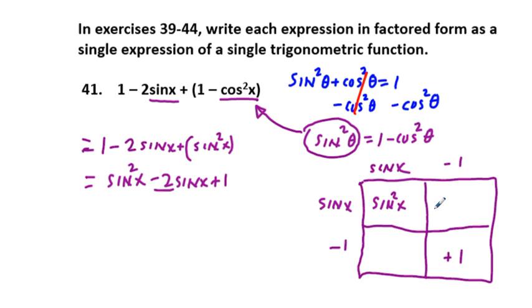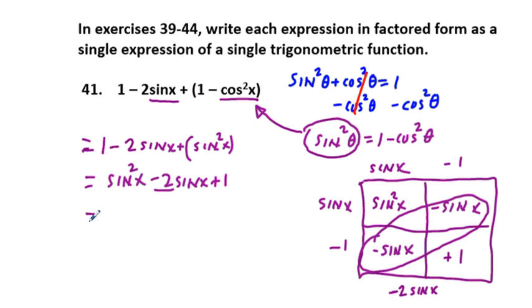Negative 1 times sine x is negative sine x, and negative 1 times sine x in the lower left is negative sine x. If we add these two together, we get minus 2 sine x. And of course we have plus 1 and sine squared x here. So this is going to work out.